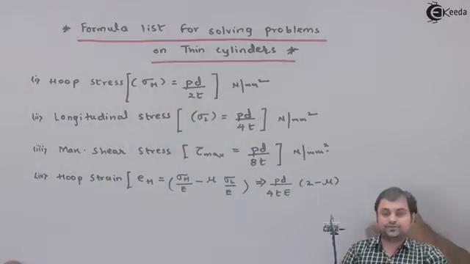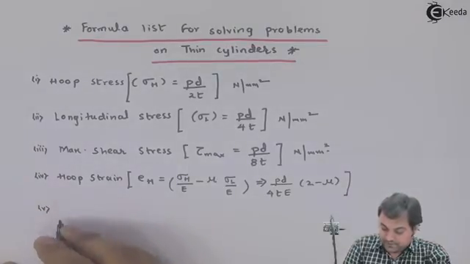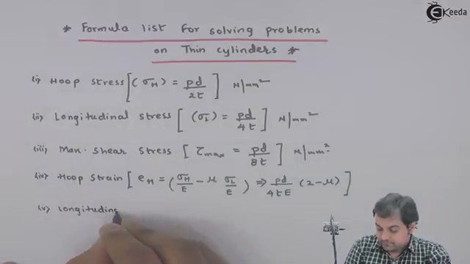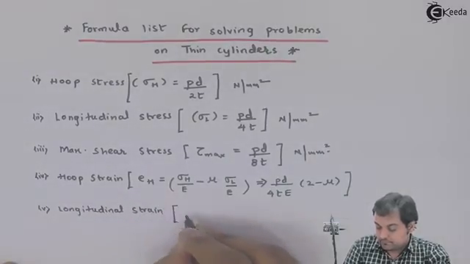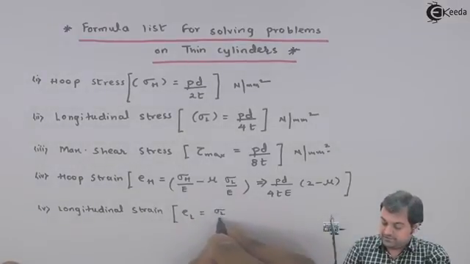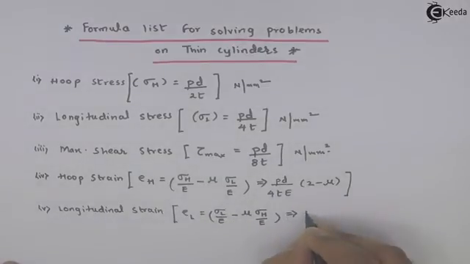Previously we have written the hoop stress formula. Next, after this we have longitudinal strain. E suffix L will be equal to longitudinal stress upon Young's modulus minus mu into hoop stress upon Young's modulus, and that can be reduced to PD upon 4TE into 1 minus 2 mu.